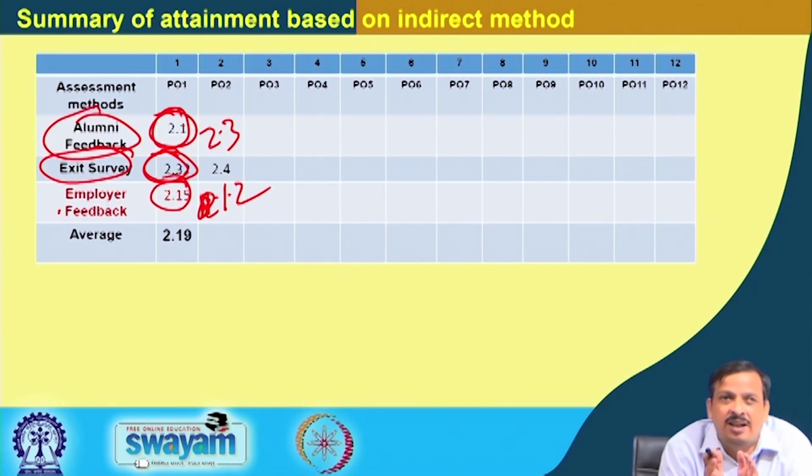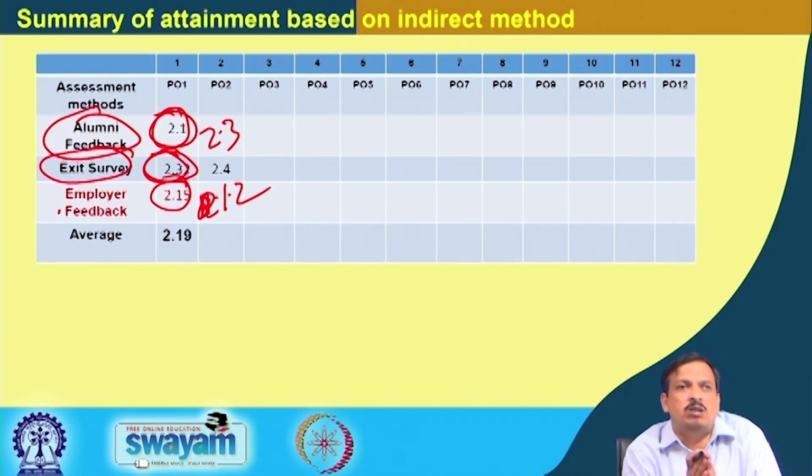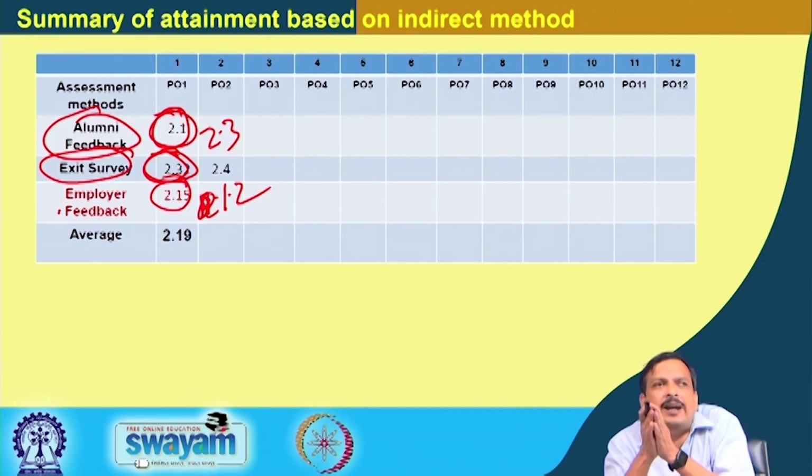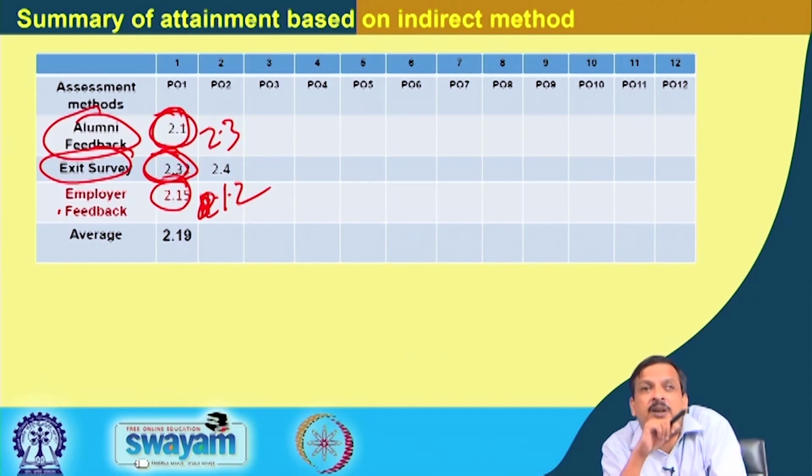The conclusion I can draw, if the employer feedback does not correlate with the alumni feedback and exit survey, is that whatever the students claim, such as knowing design, when the employer tested them on design, they were unable to design. Maybe the question paper you set or the test item you designed is not appropriate to develop that confidence.